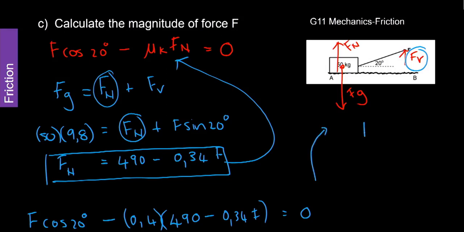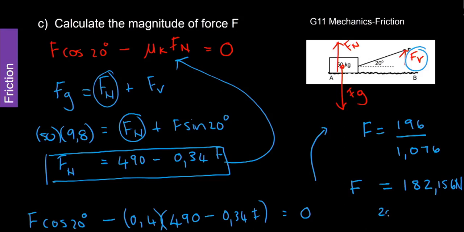And so we get F is equal to 196 divided by 1,076. And my answer then is force is equal to 182,156. Oh, squeeze it in, newtons. And this is going to be 20 degrees from the horizontal.